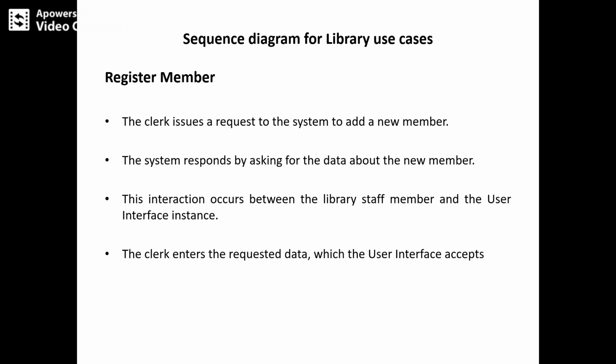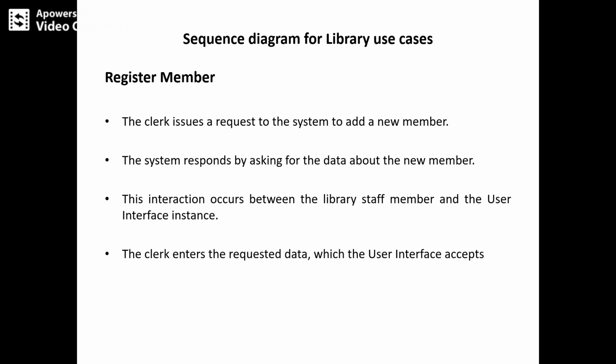Whenever a user, customer or student wants to become a member of the library, we have seen this in the previous diagrammatical representations and in the use case table-wise discussion: register a member.